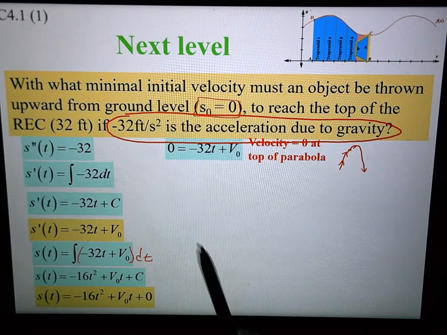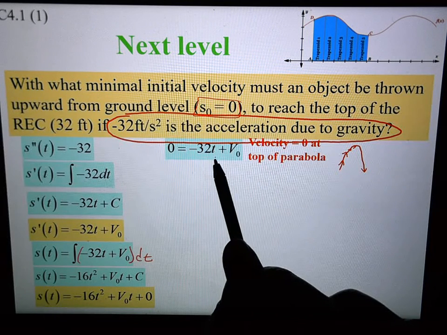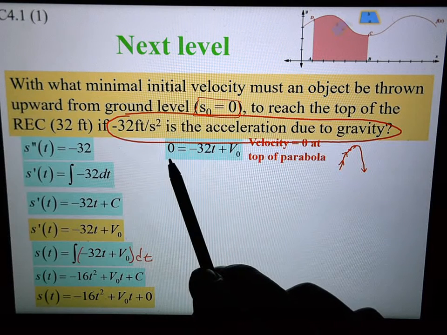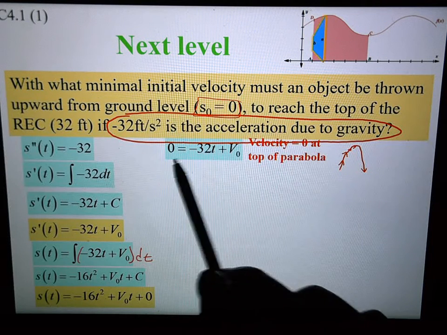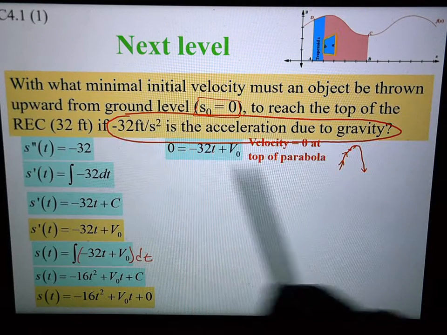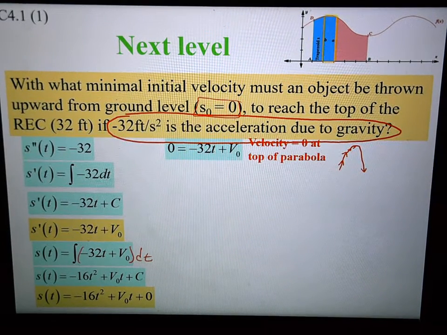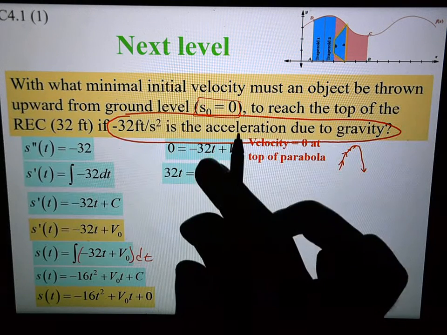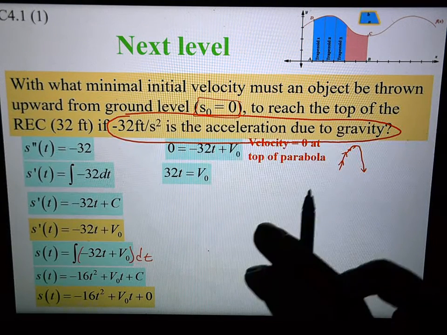Now, let's figure out what time it takes for it to reach a velocity of 0. I want to figure out what time it takes to get to the top of the parabola. That's what I'm going to do here. Let's add the 32t, and let's divide by t.